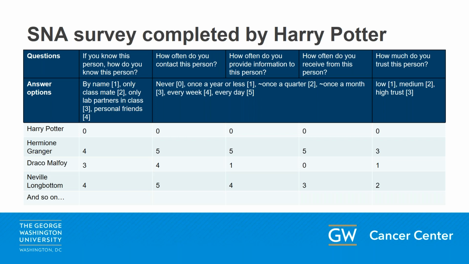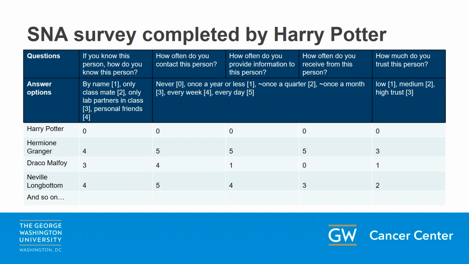Hermione Granger on the next row is Harry's best friend, so he would indicate her as personal friends. They also live in the same dormitory and share every aspect of school life together. So Harry would indicate that he and Hermione have contact and exchange of information every day, and he would also indicate having a high level of trust in her.